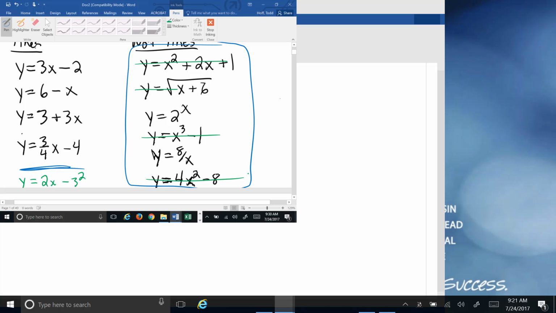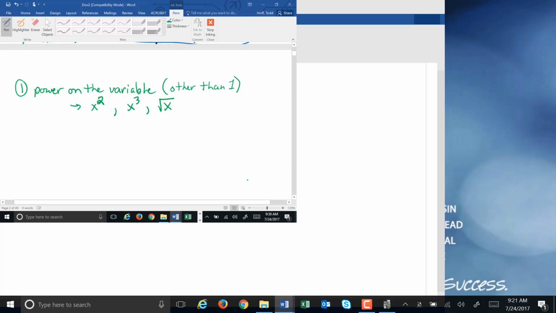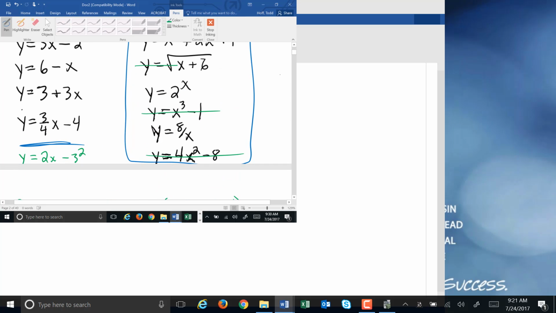There's still 2 more, though, that wouldn't be covered by that. What would we see about those? x is the exponent, x is the power. The variable is the power. So we cannot have the variable be the power. That would cover this one.